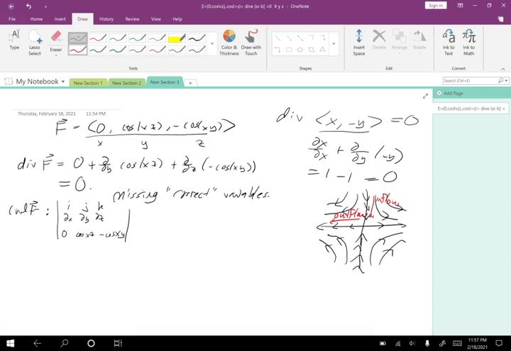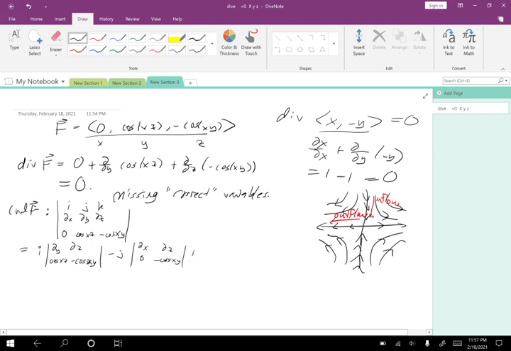I'm just going to do it without any special maneuvers. So first we have i times d dy, d dz, cosine xz, minus cosine xy. And then we'll have minus j, and then we'll have this determinant, which is d dx, 0, d dz, minus cosine xy. Finally, we'll have a plus k times d dx, d dy, 0, cosine xz.